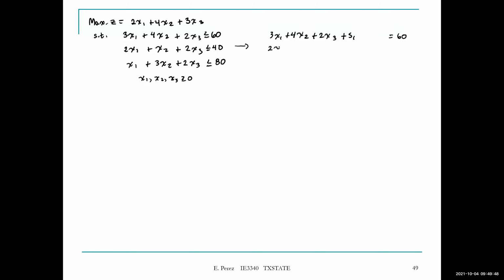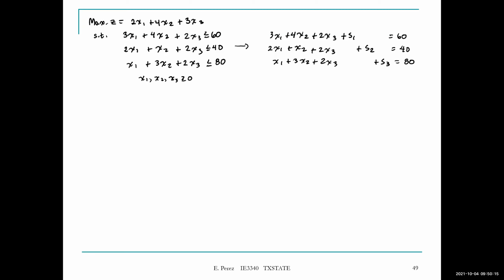Then we have 2x1 plus x2 plus 2x3 plus s2 equal to 40, and x1 plus 3x2 plus 2x3 plus s3 equal to 80.